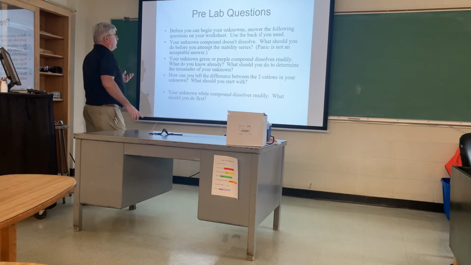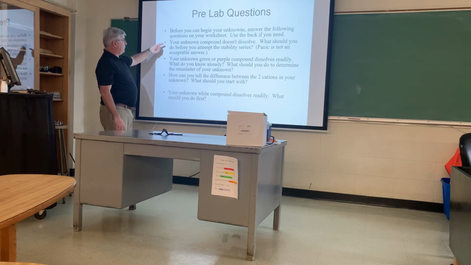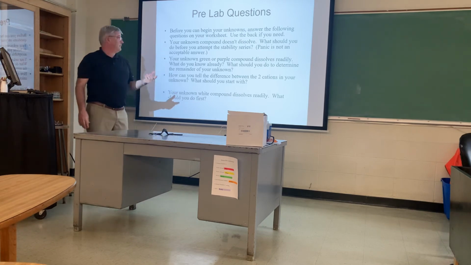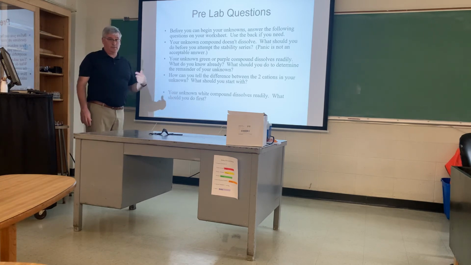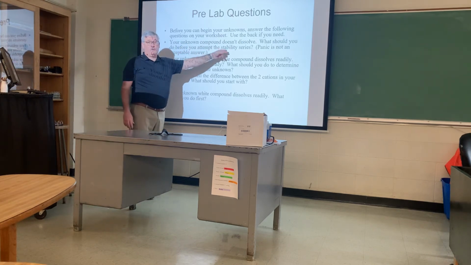Now, before you can begin your lab, there are some questions that you're supposed to answer. The first one says your unknown compound doesn't dissolve. What should you do before you attempt the stability series? Well, the first thing to do would be to start with hydroxide. Add sodium hydroxide, see if it is amphoteric and forms a complex.